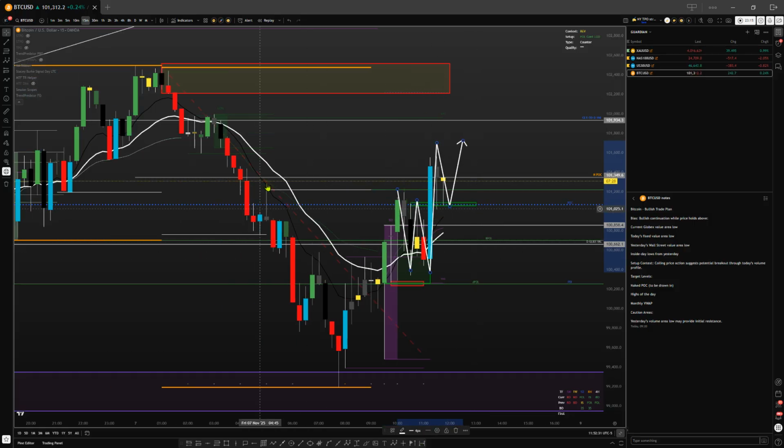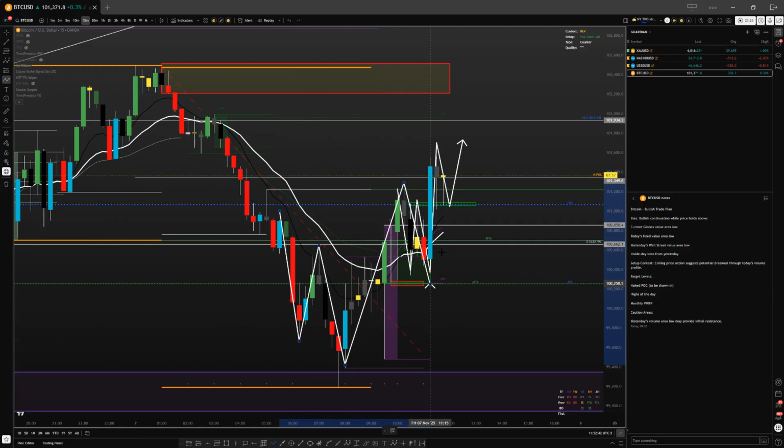We had the same scenario over here, below the lows of the inside day. Explosive move out of the neckline. So let's see, a pattern within a pattern. Let's see if it plays out.